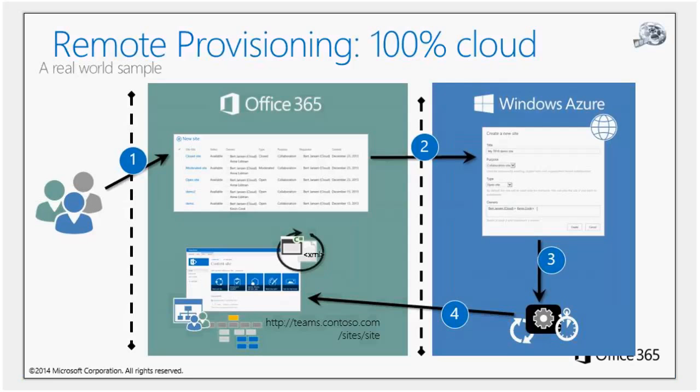In the demo, step one, we will show you a site directory. Then from the site directory, the user will open up a custom form in which he or she can request a new site collection. That form that you will see is running in Windows Azure. Keep that in mind.